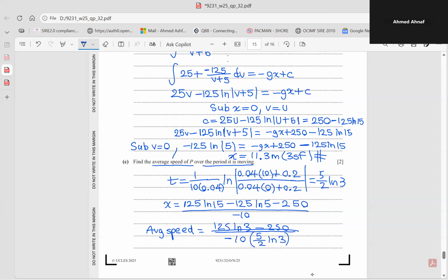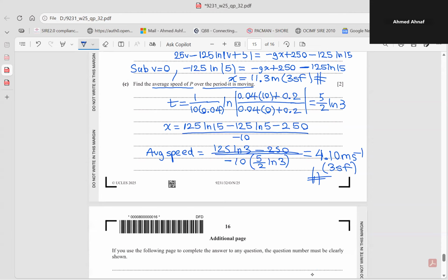And this would be equal to 125 ln 15 minus 125 ln 5 minus 250, divided by negative 10, divided by 5 over 2 ln 3, which would give you 4.10 meters per second to 3 SF. So this would be our final answer for this last part, as well as the entire question.